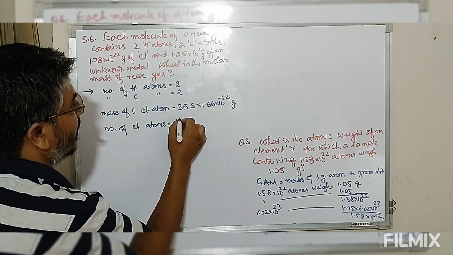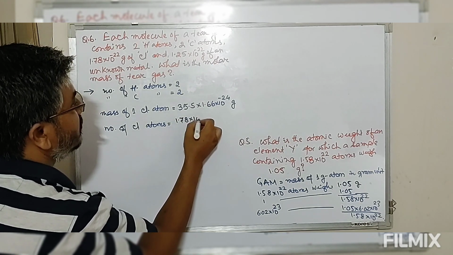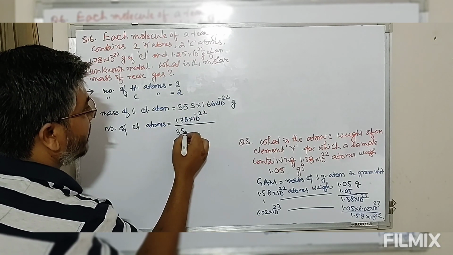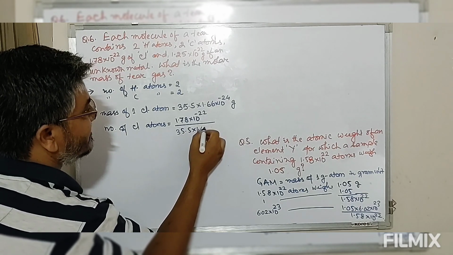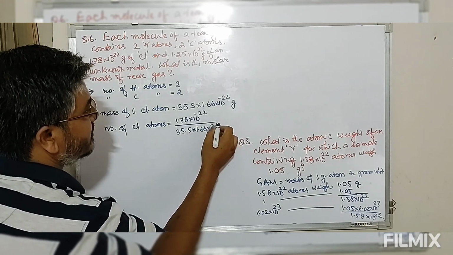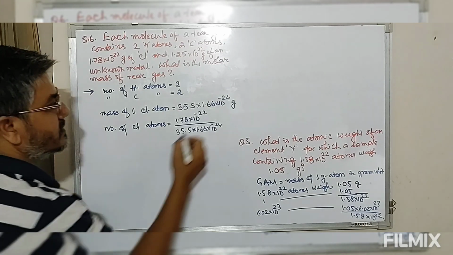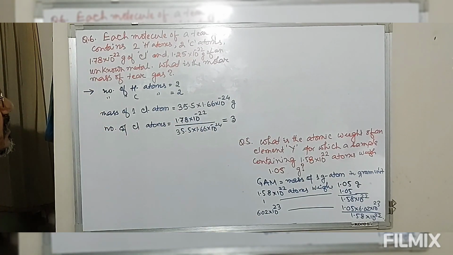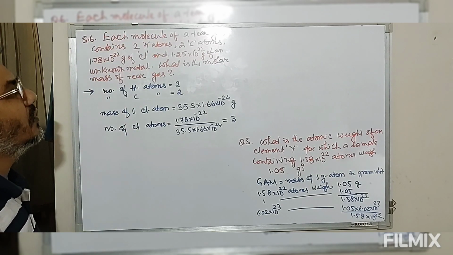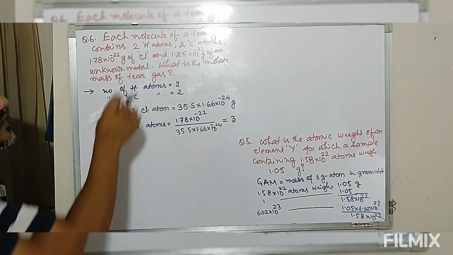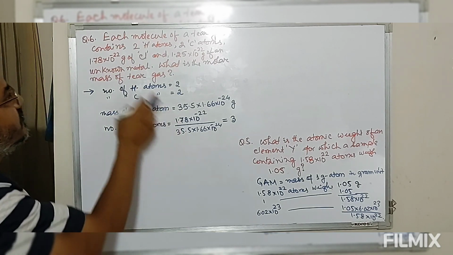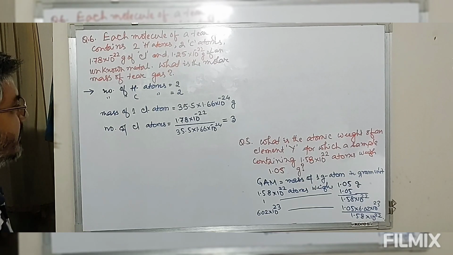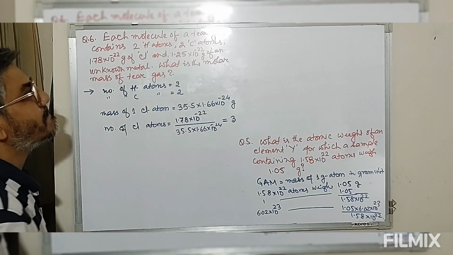So this is 1.78 into 10 to the power minus 22 divided by 35.5 into 1.66 into 10 to the power minus 24. If you solve this, it comes out to be 3. So in this single molecule of tear gas, we have 3 chlorine atoms, because this mass is the mass of 3 chlorine atoms. So we have the number of chlorine atoms.